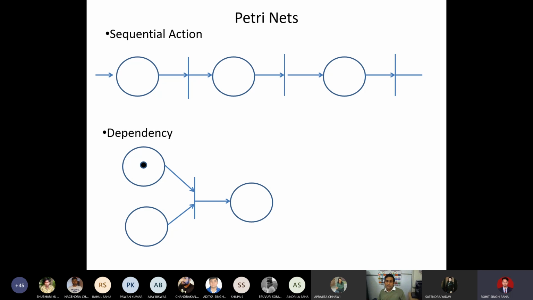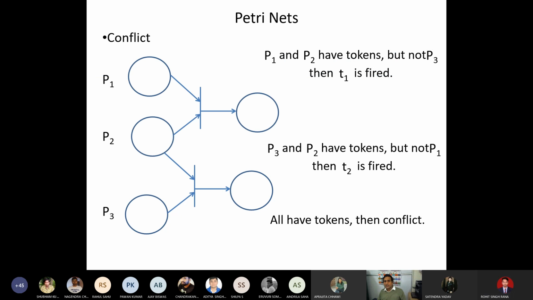Okay, so now we can see there is a situation where you can have some sort of conflict. Now what is a conflict, that you will try to understand. Let's say there are two transitions you can see in this graph.